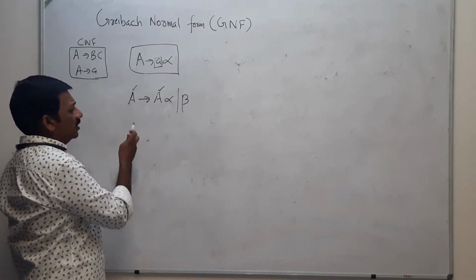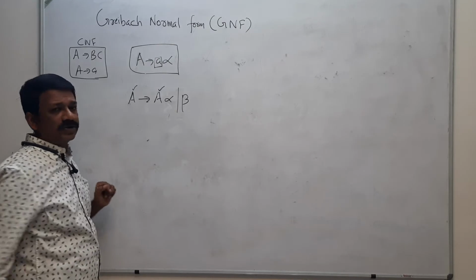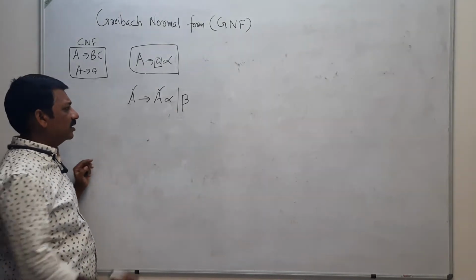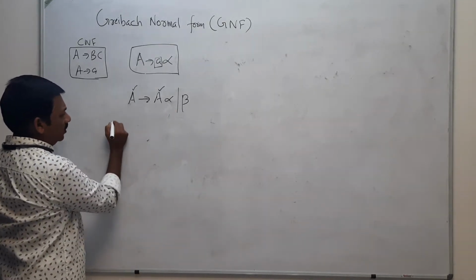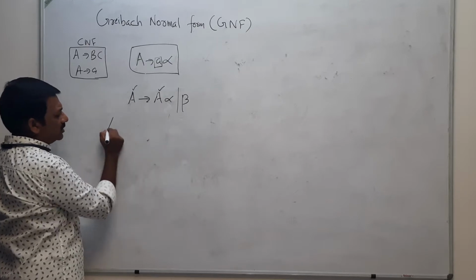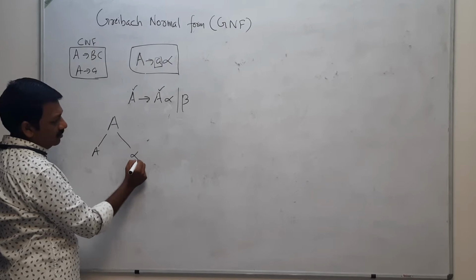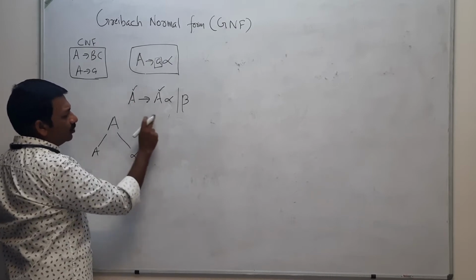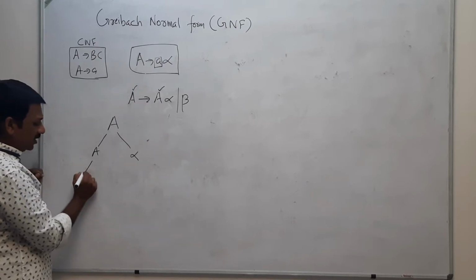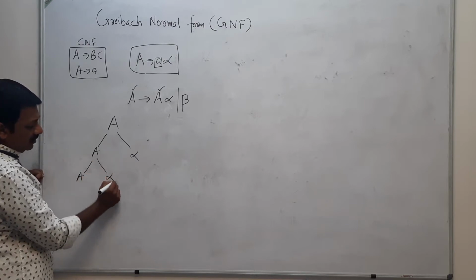And suppose that here beta is another production. Now suppose that you are going to generate from A derives A alpha. Then again you are going to have A derives A alpha, that means A alpha.